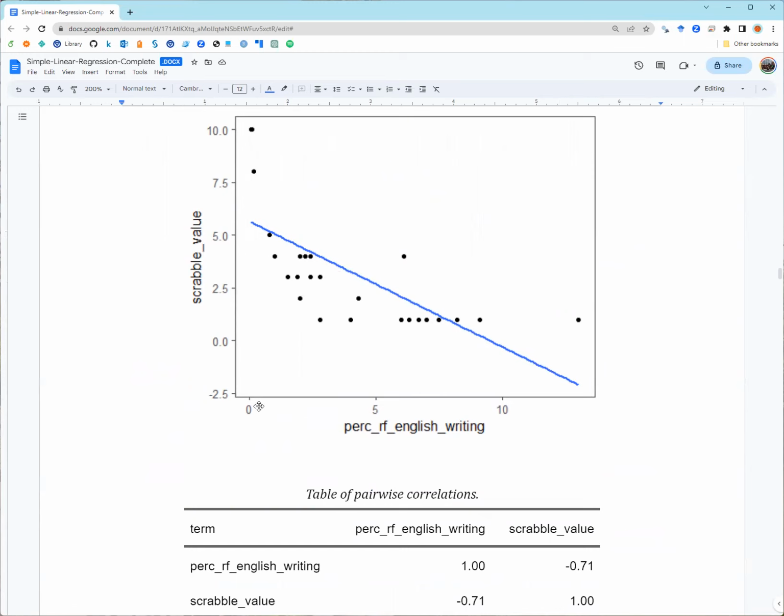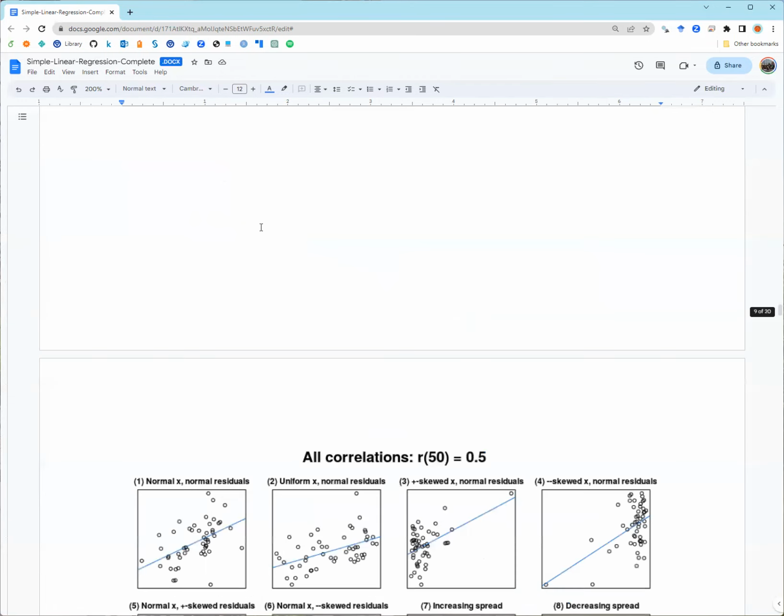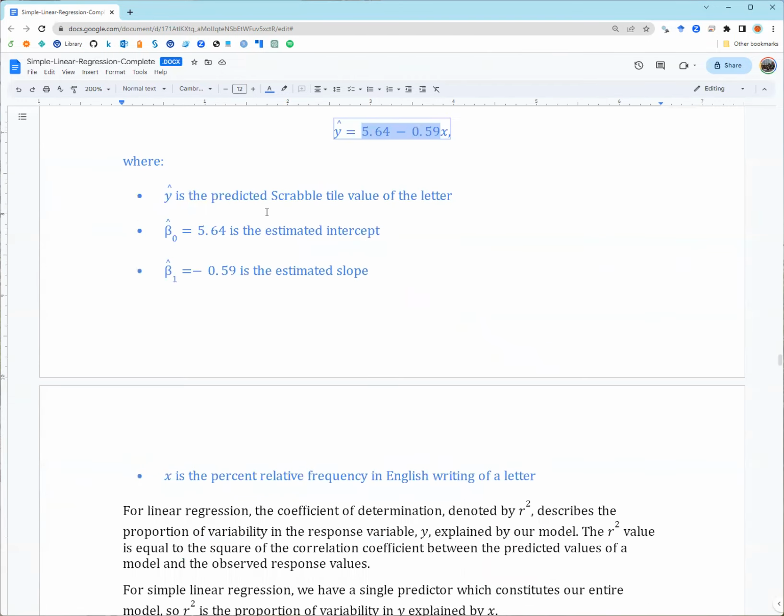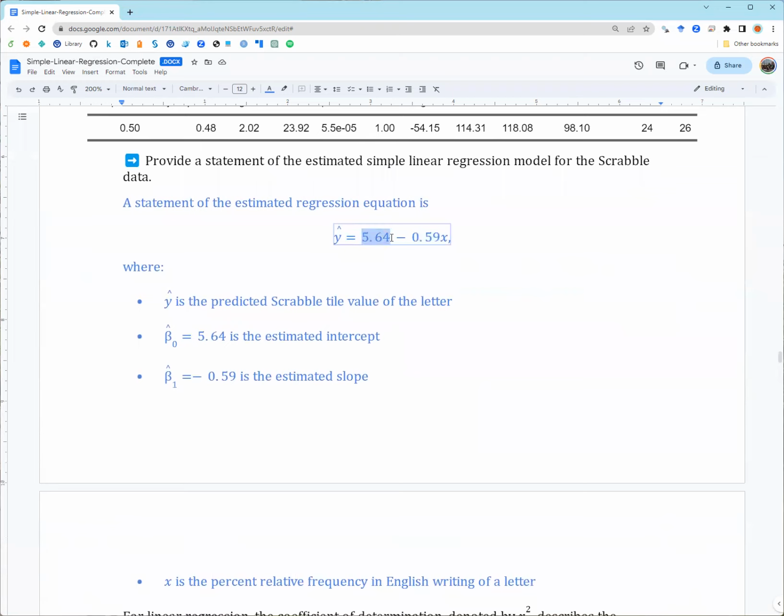And the y-intercept, where the straight line crosses the point at which x is 0, this height here, is a little over 5. It's that point where the line crosses at x equals 0. So this is our estimated regression model.